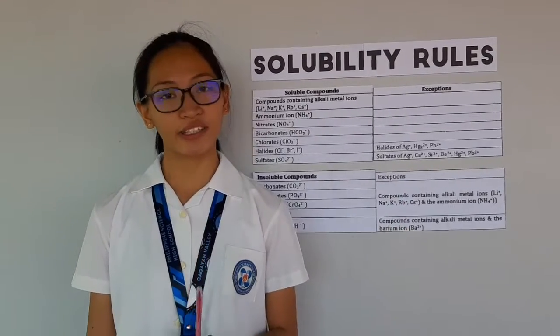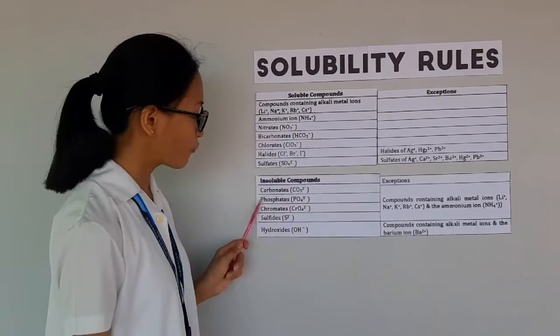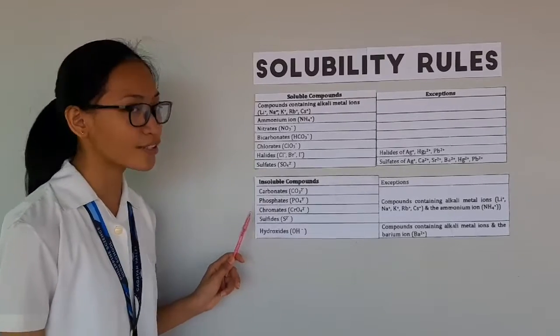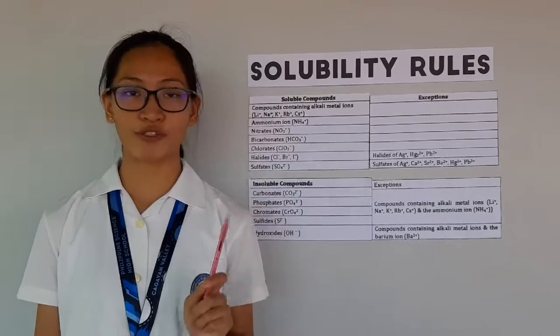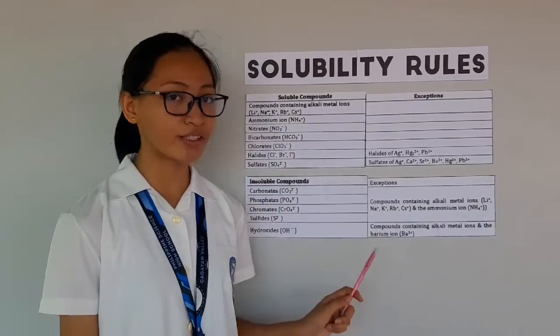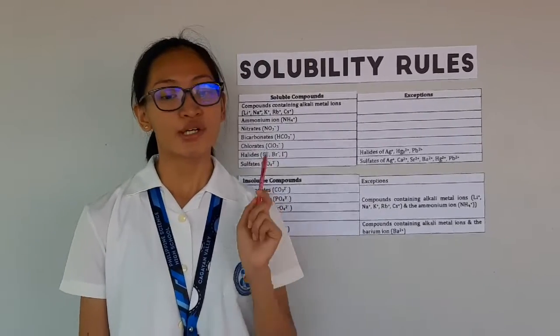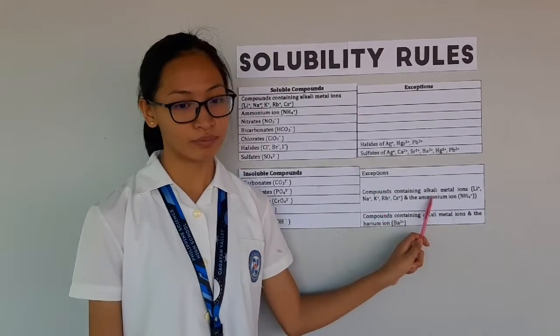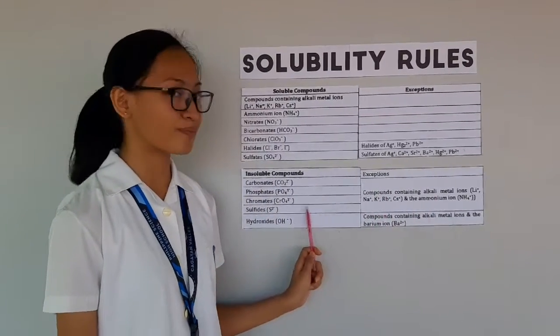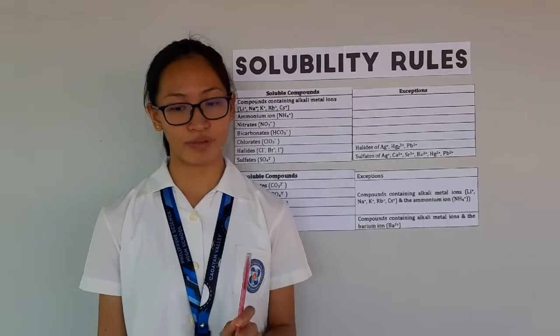So let's take a look at carbonates, phosphates, chromates, and sulfides. These are typically insoluble, but we have exceptions to that rule that make them soluble. If we have anything in Group 1A or ammonium attached to these, it is aqueous.